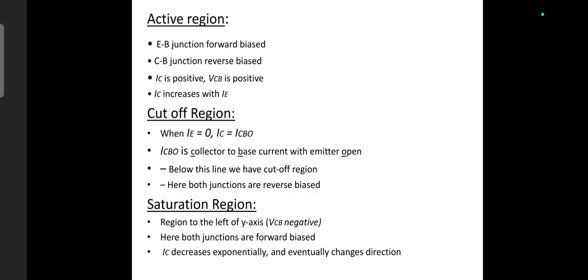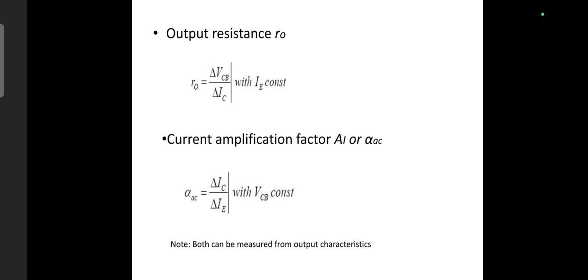In the saturation region, both junctions are forward biased, the transistor is fully on and behaves like a closed switch. These three regions form the basis of transistor operation in analog and digital electronics. So this slide shows the equation representation of output resistance, current amplification factor, that is R suffix O and A suffix I.